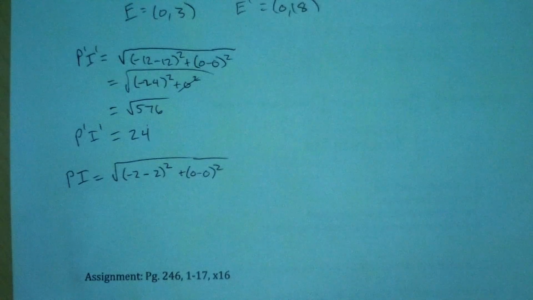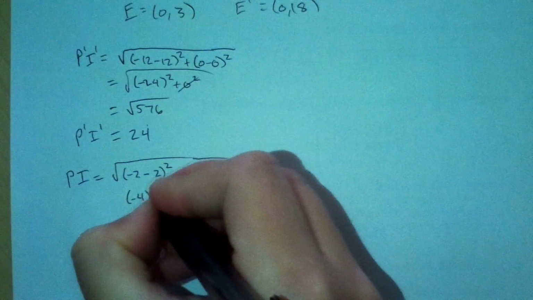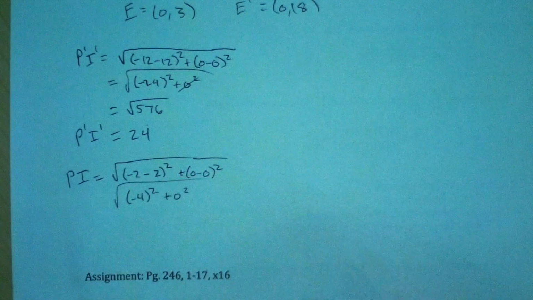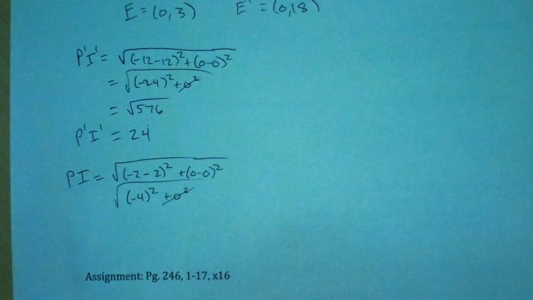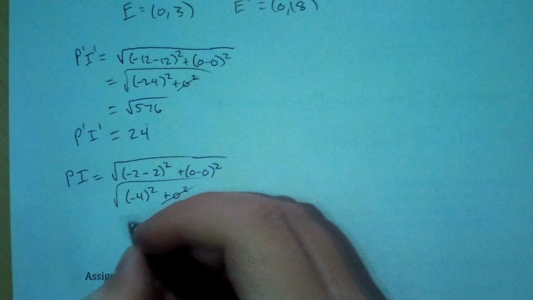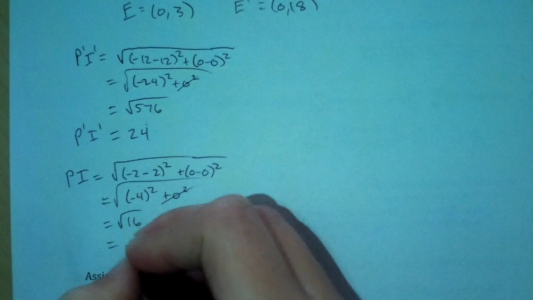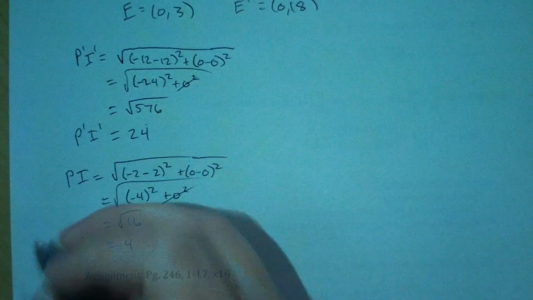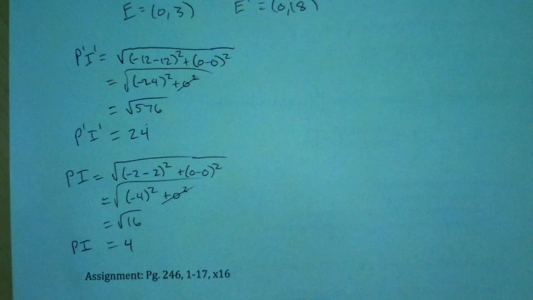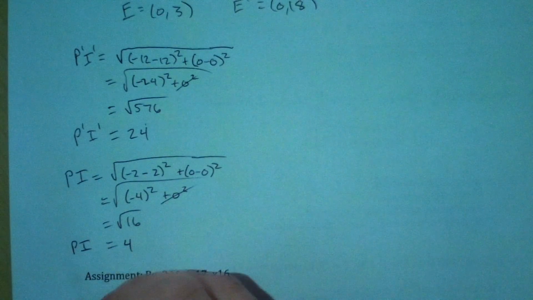So that would be -12 squared plus -18 squared. -12 squared would be 144, plus 18 squared, off the top of my head, 324. And then we would have to add those together before we square root them. So you would do 324 plus 144, which is 468.